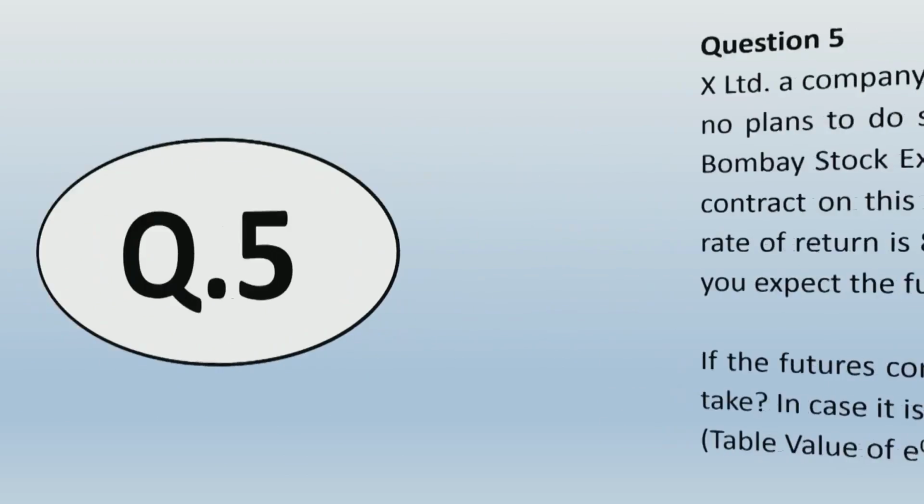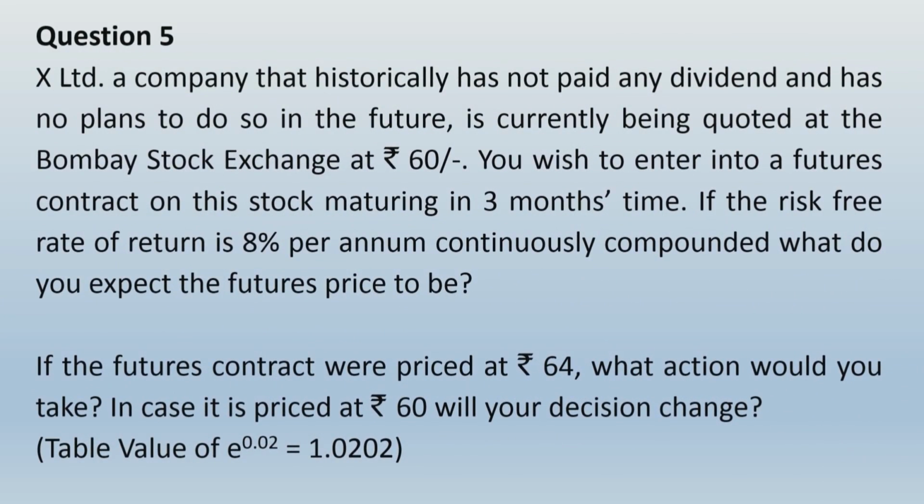So we have question number 5. Let us read this question. X Limited, a company that historically has not paid any dividend and has no plans to do so in the future, is currently being quoted at the Bombay Stock Exchange at rupees 60. You wish to enter into a futures contract on this stock maturing in 3 months' time. If the risk-free rate of return is 8% per annum continuously compounded, what do you expect the futures price to be?